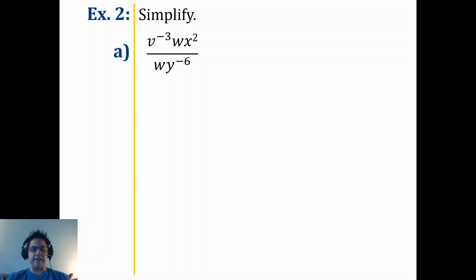All right, so let's see here. Enough time to write down the problem. Let's go ahead and try one of the ideas. So if we wanted to, we could just use the idea of moving our negative exponents, making them positive exponents. So if that's the case, the v is at the numerator, so it's going to move to the denominator. The y is at the denominator, so you're going to move it to the numerator.